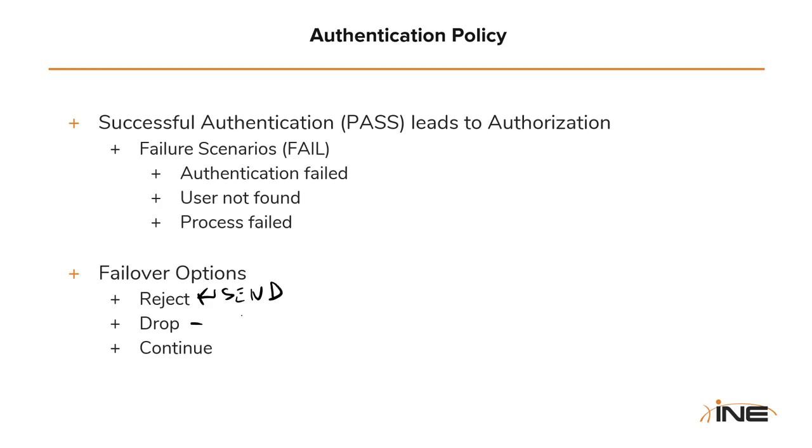You could potentially silently drop the packet, which is going to cause the client, the NAD, to assume that the RADIUS server is dead or has some sort of connectivity problem.